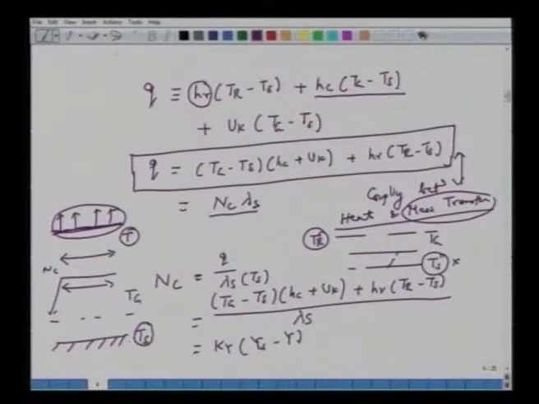So corresponding to this Ts, there is Ys, the saturated humidity corresponding to this Ts, and there is Y, the humidity of this air. Of course Tg and Y are unrelated, so the air has a temperature Tg and the air has a certain humidity. Corresponding to this Ts, we are assuming that the solid surface, which is covered with a thin film, is saturated with water, so there is Ys here, the saturated humidity at this temperature.